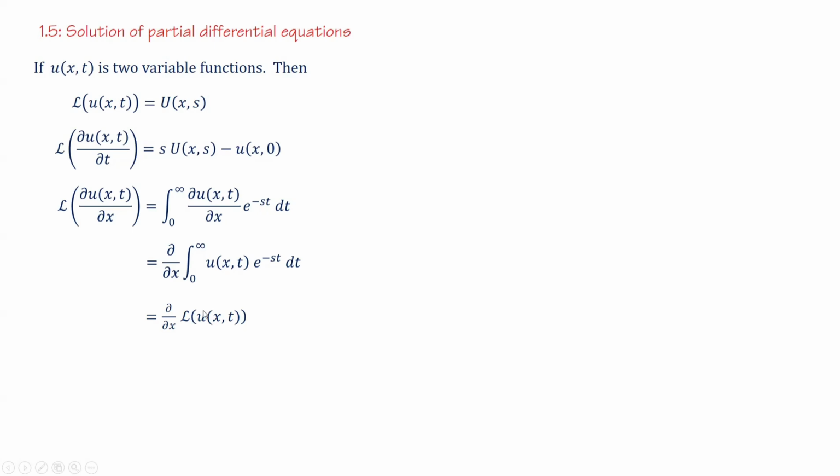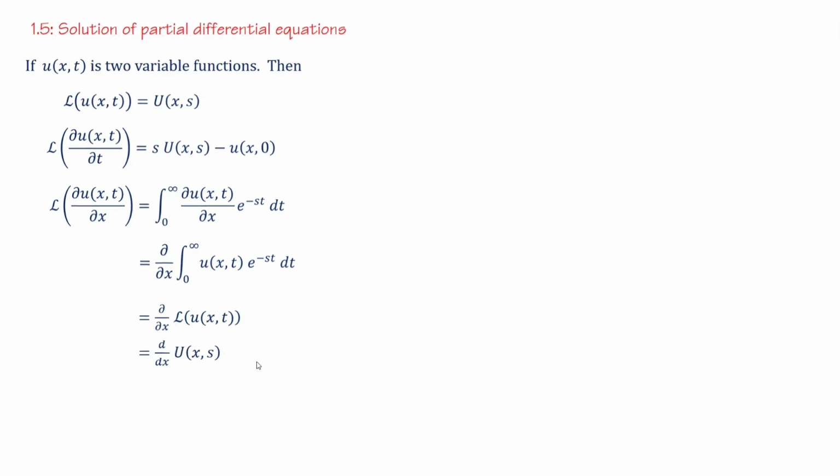So whenever you take the Laplace of u, this will become a function of x and s. So in that case, we can take the ordinary derivative instead of the partial derivative. So we can write it as d/dx U(x,s).